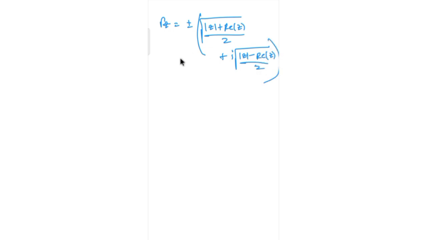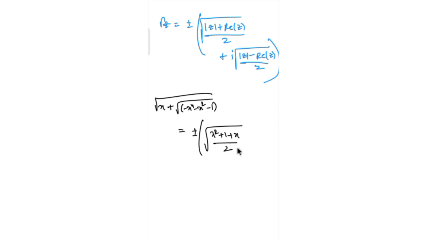So this is what square root of z is going to be. Substituting, it is equal to plus or minus root over x square plus 1 plus x divided by 2, because the mod z value is x square plus 1 and the real part of z is x, plus i root over x square plus 1 minus x divided by 2. So this is the value of a square root.